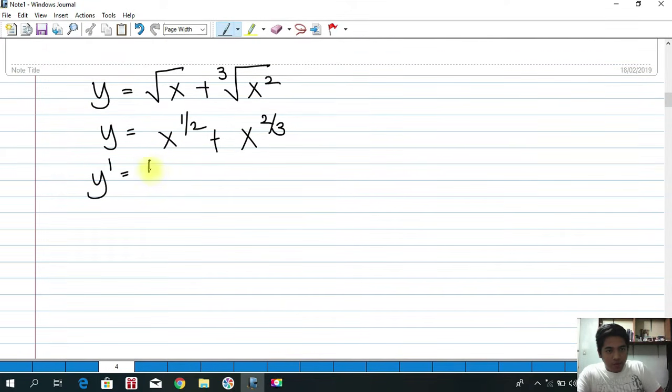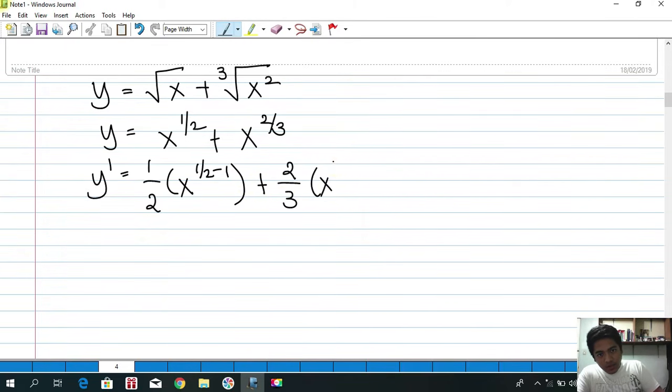So we have 1/2 times x raised to 1/2 minus 1, plus 2/3 times x raised to 2/3 minus 1.